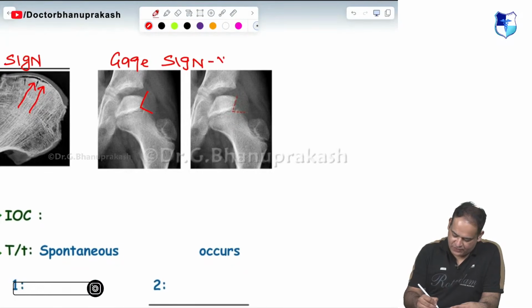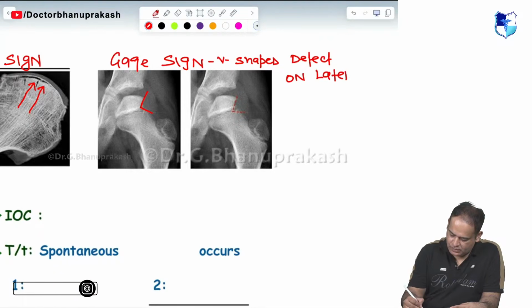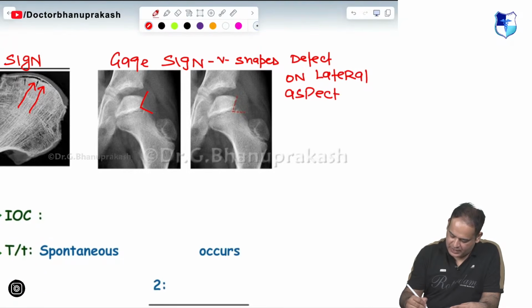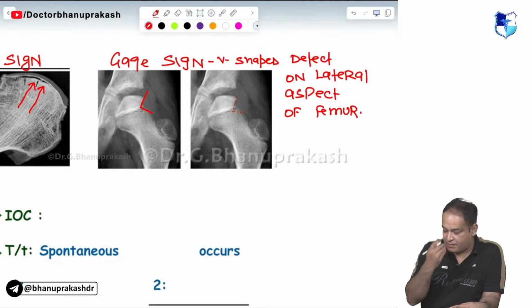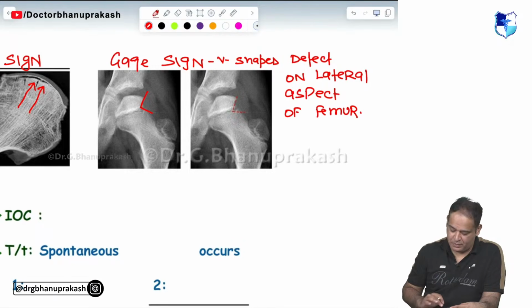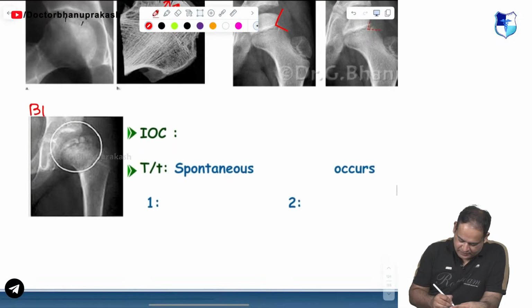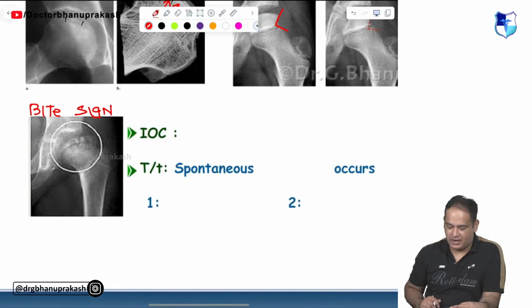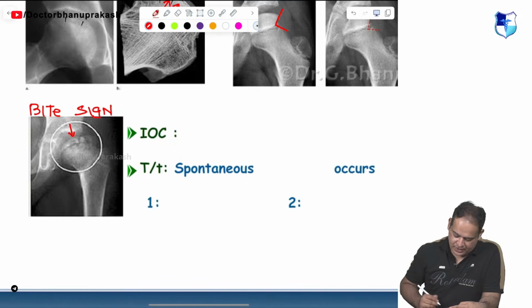So what is gage sign? V-shaped defect on the lateral aspect of the femur. Now, this is the head-at-risk sign, right? You see the head is completely destroyed.